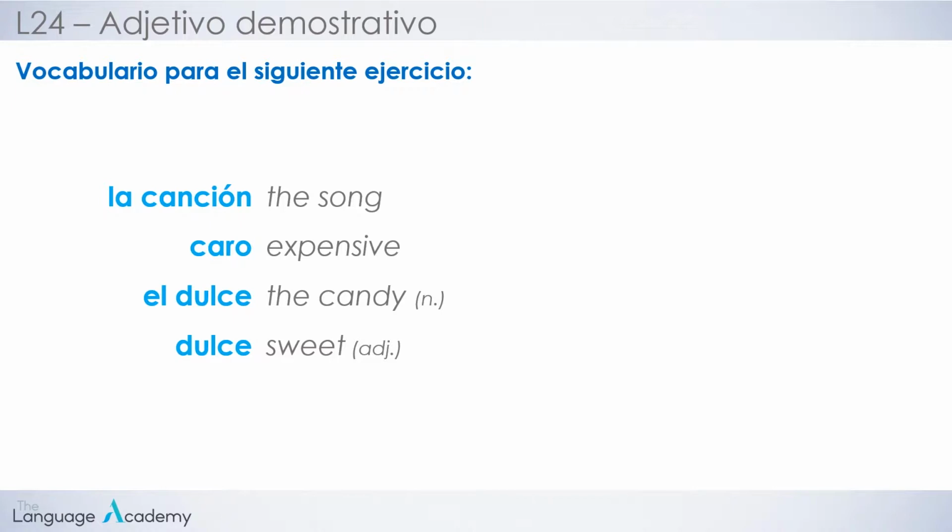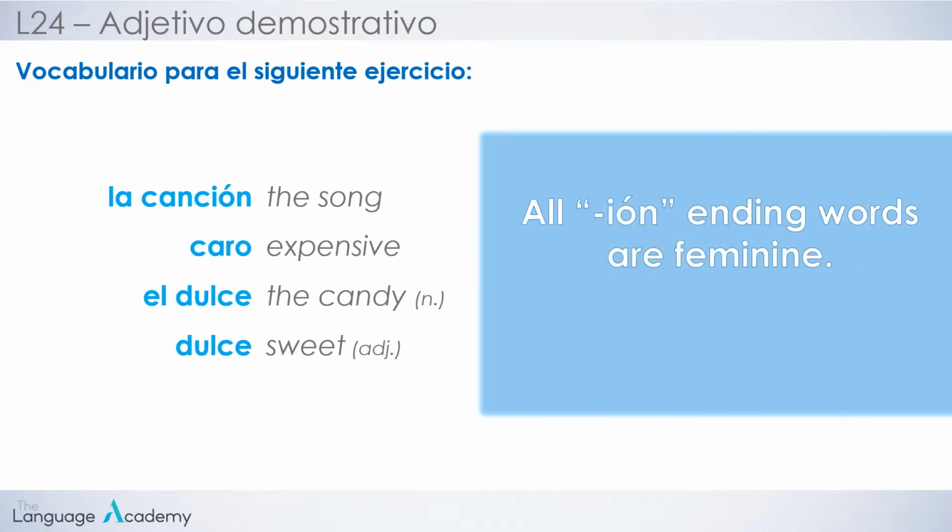Also notice how la canción is a feminine word, even though the last vowel in the word is an O. This happens because all ion ending words are feminine. For example, la canción, la prisión, la organización, the song, the prison, the organization.